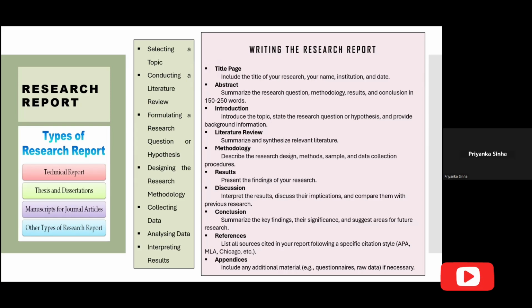The abstract summarizes the research questions and your research. Introduction introduces the topic and states the research questions and hypothesis. Then literature review, methodology, results, discussion, conclusion and references.